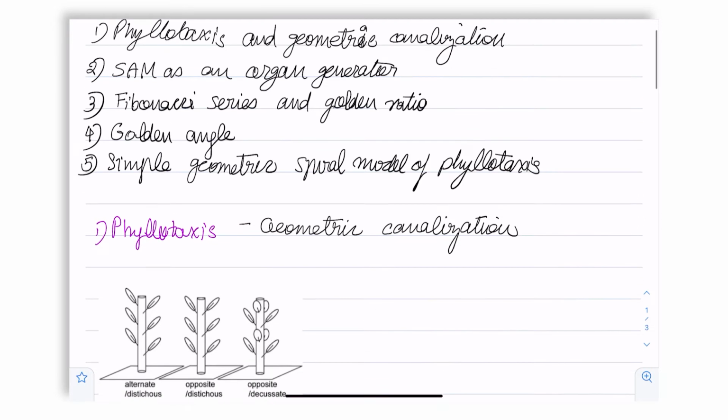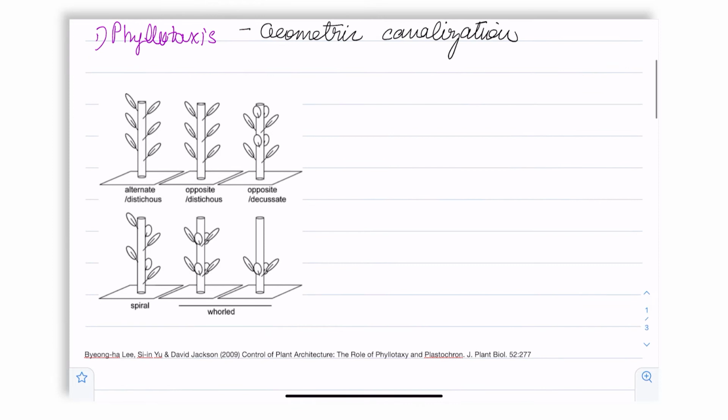So let's get to it. What do we mean when we say geometric canalization? So the idea is that if you look around, and I urge you, so C.V. Raman, the Nobel laureate from India, once remarked in a speech at IIT Madras for the convocation that it is important to be in the classroom, but it is also important to wander around the campus, look at the banyan trees.